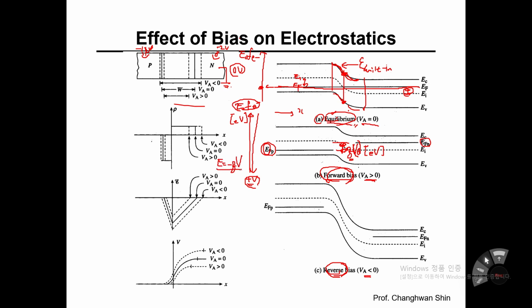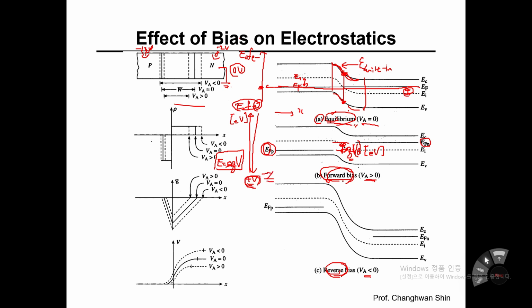An electron's energy is defined as minus q times potential or voltage V. Take a look at the minus, because we're talking about the electron, which is a negatively charged particle. So whenever you are looking at the energy band diagram, the minus y-axis direction indicates a positive bias.